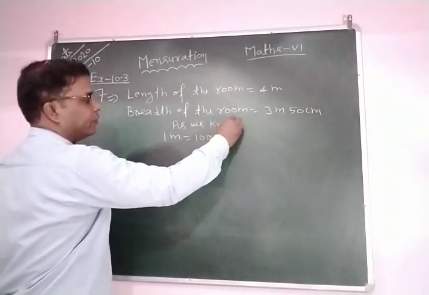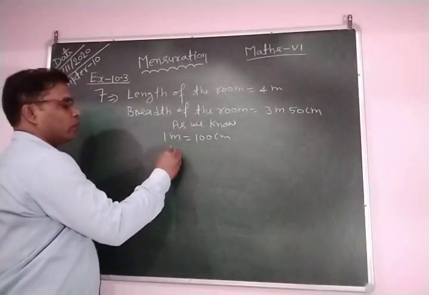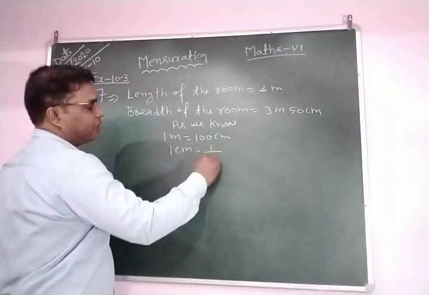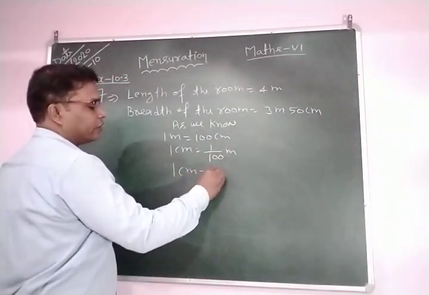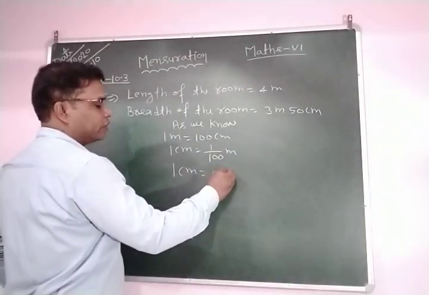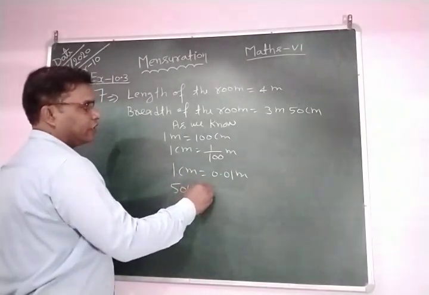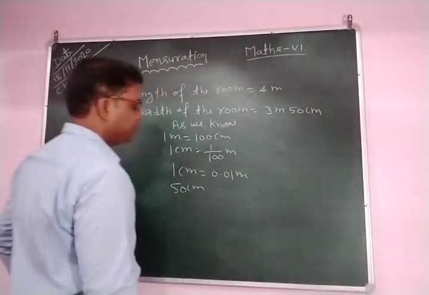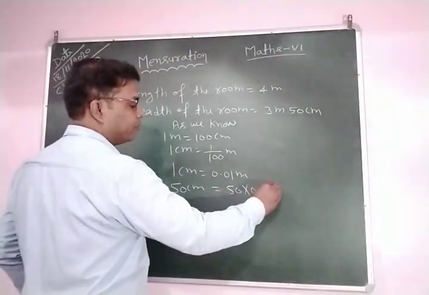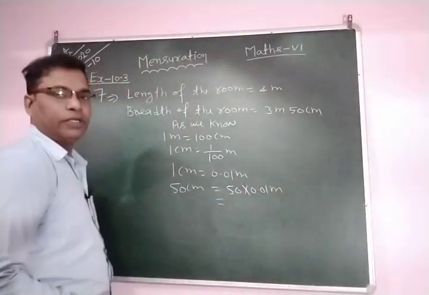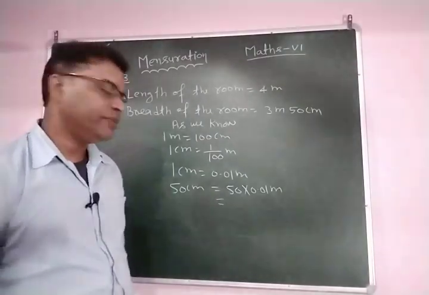As we know here, 1 meter is equal to 100 centimeters, or you can write 1 centimeter is equal to 1 upon 100 meters, or also you can write 1 centimeter is equal to 0.01 meters. So we have 50 centimeters here. So 50 centimeter is equal to 50 into 0.01 meters. When you multiply 50 into 0.01 meters, then we obtain 0.50 meter.